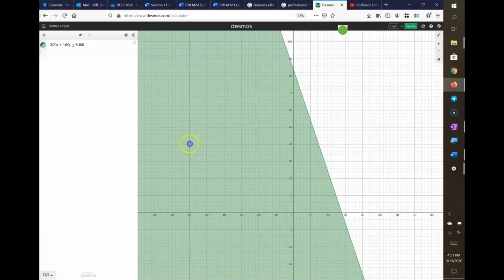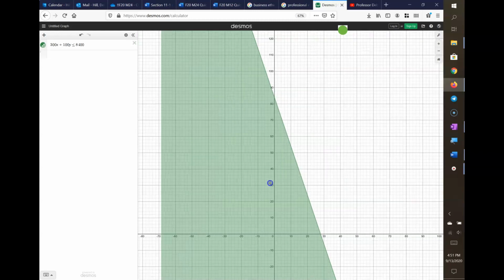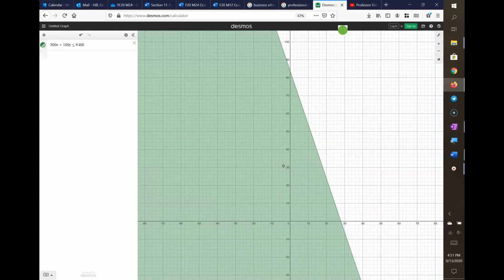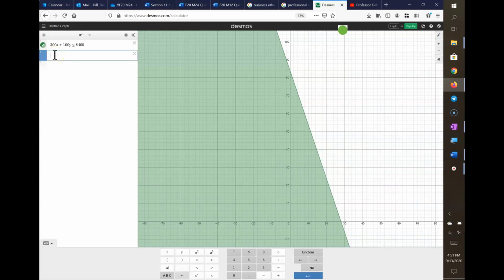And we can zoom a little so that we can see the feasible region better. Okay. So that was the inequality that talked about the fees. Then we had the one that said the total investment, so x plus y had to be less than or equal to 50.